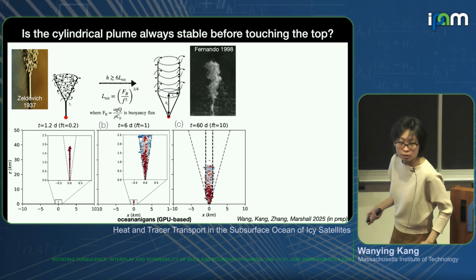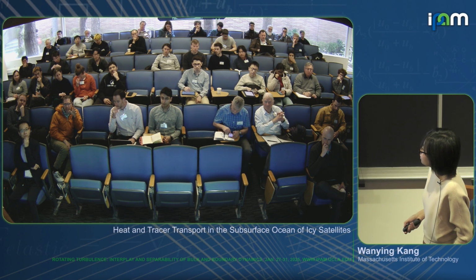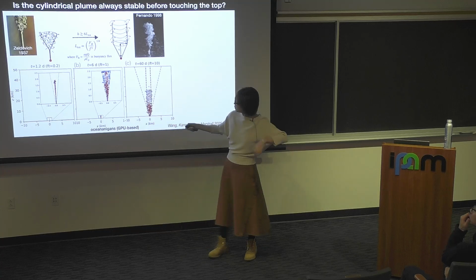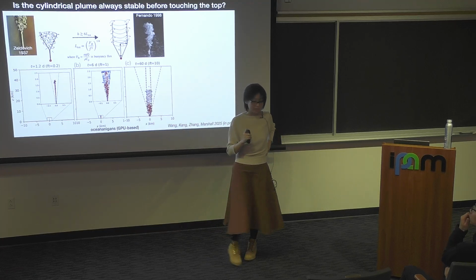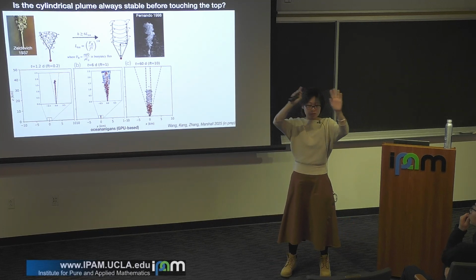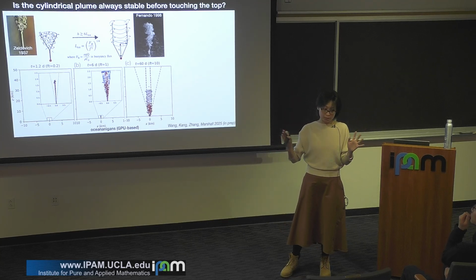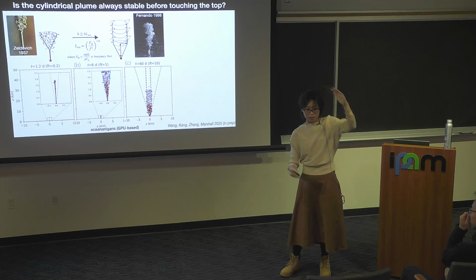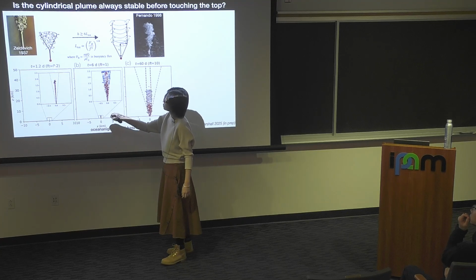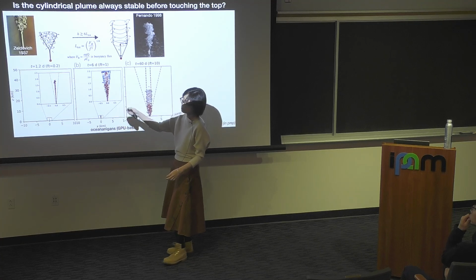And sorry, is L_rot set by this rim current, or is it some sort of inertial radius? What's setting L_rot? Okay, good question. So really in this system, there's only one length scale that can be formed, if you imagine there's no boundary effect, no sidewall effect, no top, no H, no L. What we need to provide to the system is the total buoyancy flux, F_B, and the rotation rate.